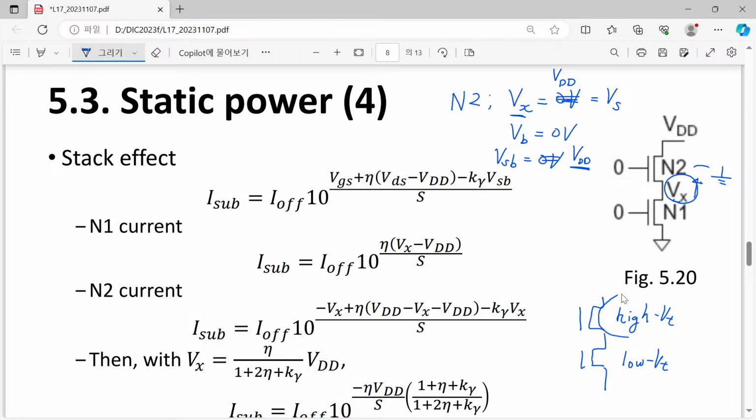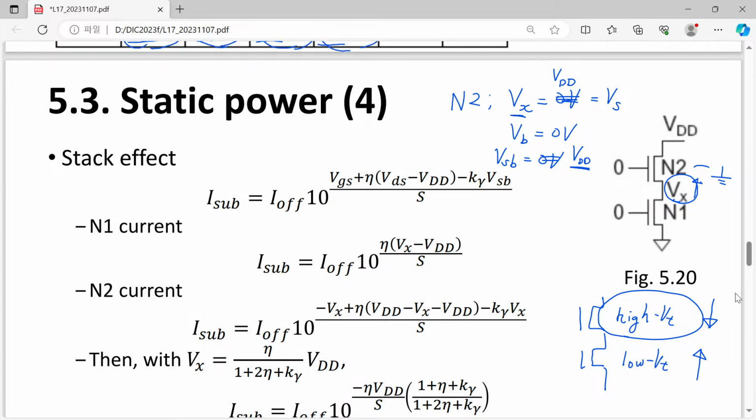This one has relatively low leakage current and this one has a relatively high leakage current, and they are serially connected. What will be the consequence of this serial connection? Which one determines the overall leakage current?